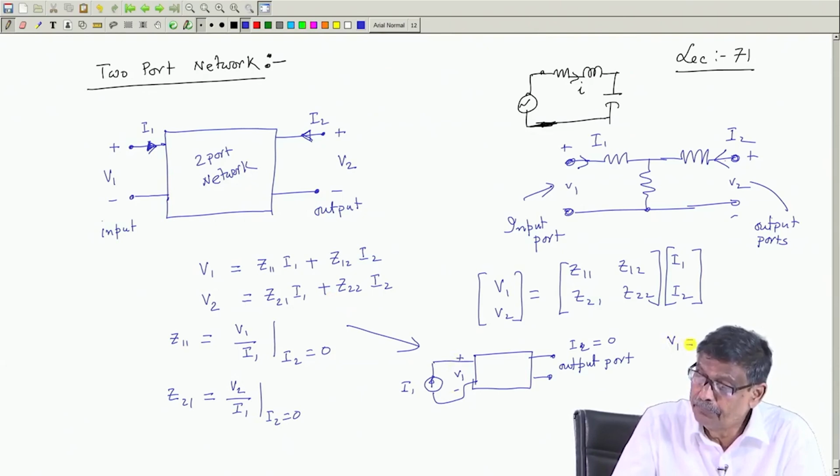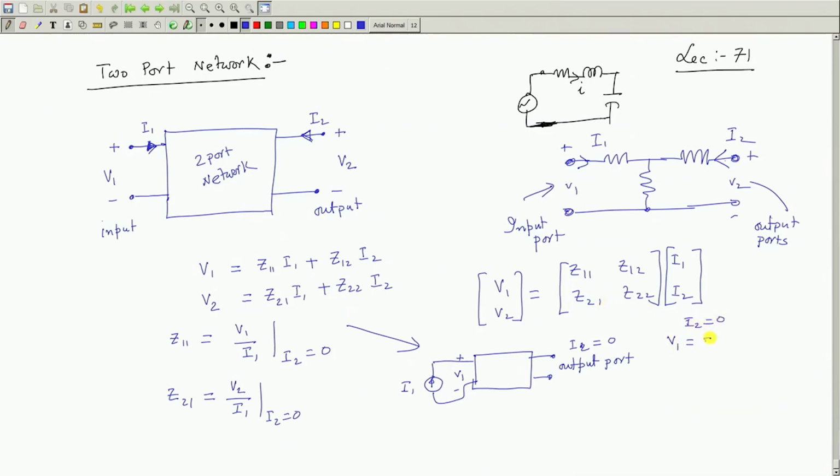The thing will be V 1 with I 2 equal to 0. What are these equations? V 1 is equal to Z 11 I 1 and V 2 is equal to Z 21 into I 1. Therefore, I say that Z 11 is V 1 by I 1 with I 2 equal to 0, and Z 21 is V 2 by I 1 with I 2 equal to 0.